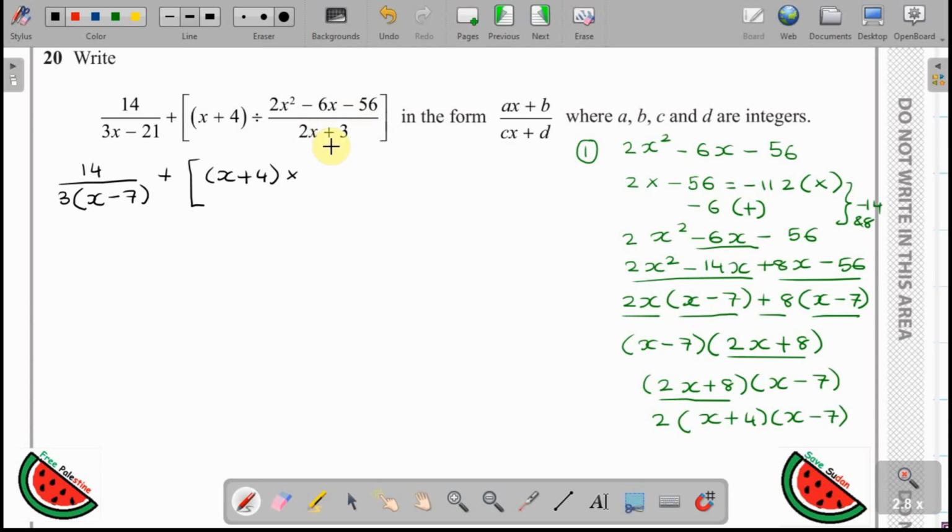The denominator first was 2x plus 3. This becomes the numerator. The numerator was this quadratic, which we've got to over here, so that's going to be my new denominator: 2 bracket x plus 4 times x minus 7.